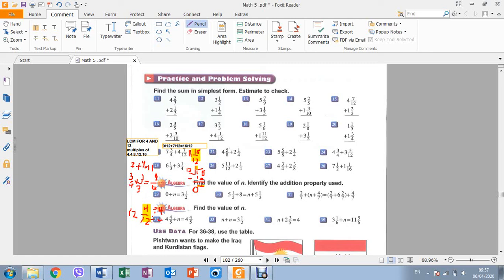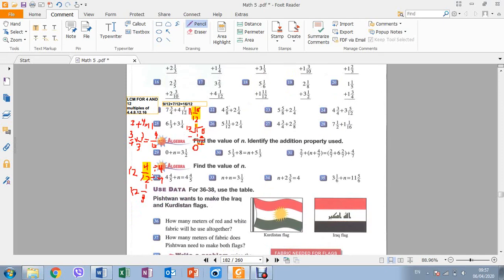Don't touch the whole number. Now put down 12 because this is a whole number. And this fraction: 4 divided by 4 is 1, and 12 divided by 4 is 3. And this is the simplest form. 12 and 1/3. This one is the simplest form of this mixed number.